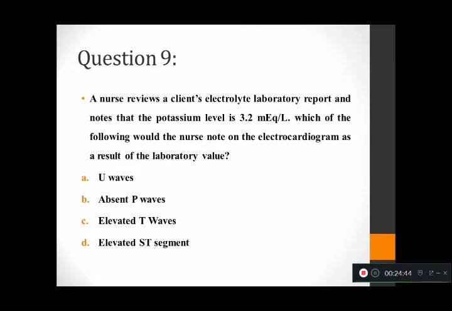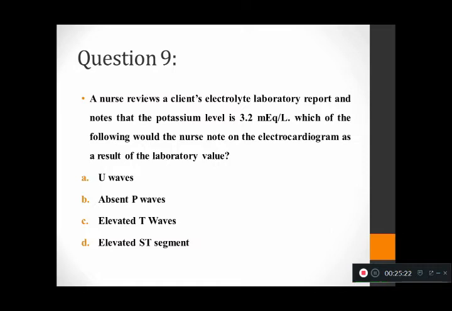These three options are not the result of what we call a deficit. Here the potassium level is low, hypokalemia. In this case, the patient will have prominent U waves, and you can see prominent U waves in the patient's electrocardiogram report.